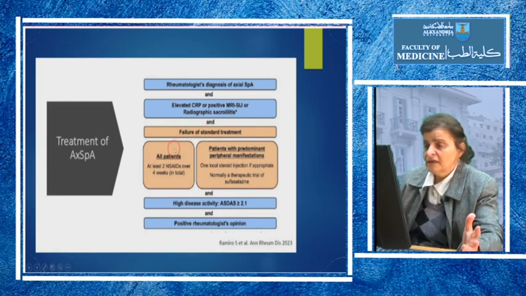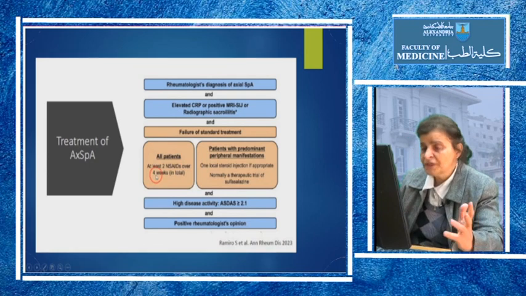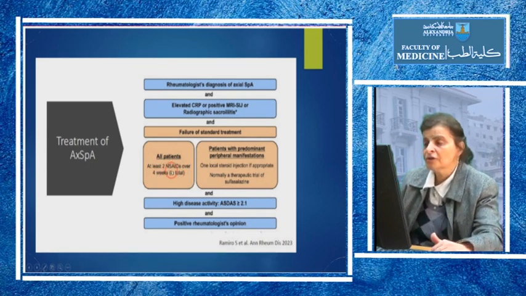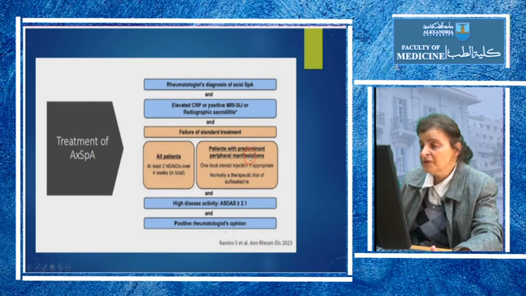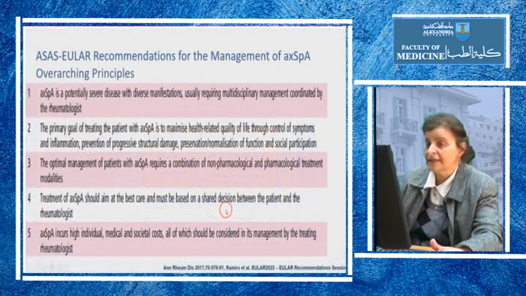As I said, all patients, we start with the non-steroidal anti-inflammatory drugs, and we use at least 2 non-steroidal anti-inflammatory drugs over 2 weeks. In patients with predominant peripheral manifestations, we may give a shot of local steroid injection if appropriate. We may use sulfasalazine only in peripheral manifestations. If our patient persists with high disease activity, then we proceed onto our biological agents.